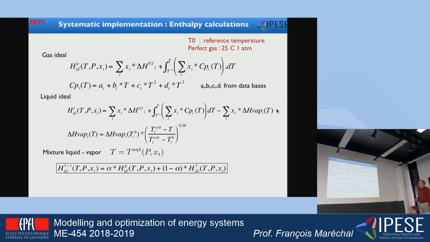And if I have a formula like this one, for example, that defines the variation of the enthalpy of vaporization as a function of the temperature, and you can see that it's a formula based on the properties of the fluid, then I will be able to calculate the liquid based on the enthalpy of the gas.